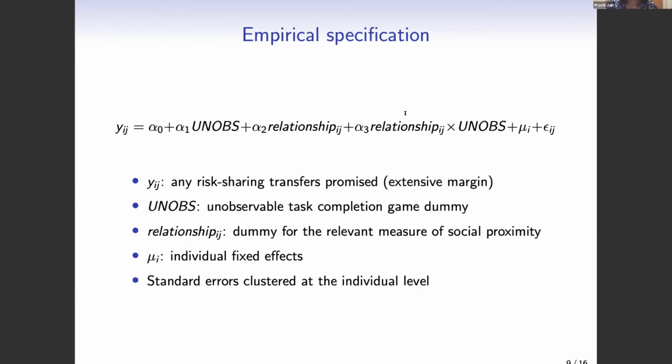And then of course I have an interaction. Because it's within subject, I can use individual fixed effects, and I cluster my standard errors at the individual level. Here you can think of alpha 2 as picking up the overall effect of the relationship, and alpha 3 as picking up whether there is a different effect of this relationship specifically in the imperfect monitoring game.